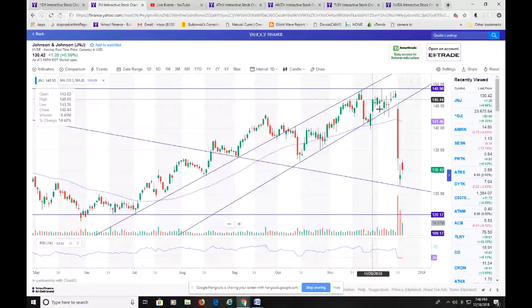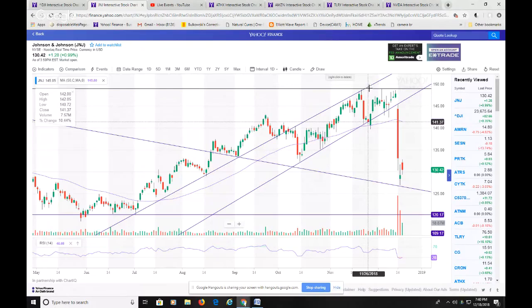We do get a rally up to and above the previous high, or it actually made an all-time high. So this is an example of a winning trade. Of course, you have to know when to get out of the trade. If you stay in it too long, it's not winning anymore.